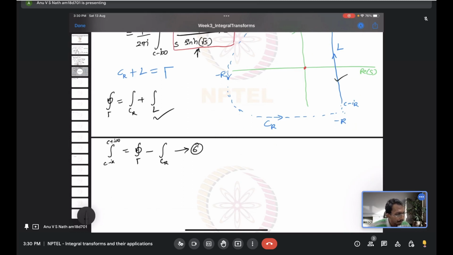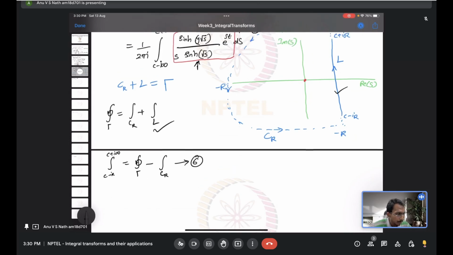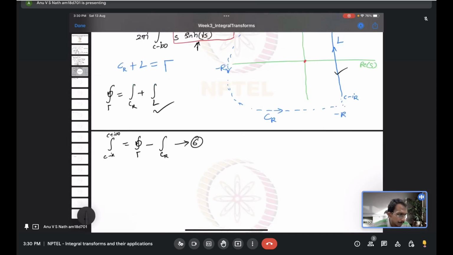And the contour integral over gamma, from the principles of contour integration, for any function, here the variable is s, so I am using s.